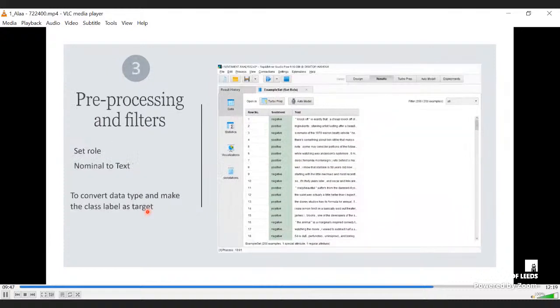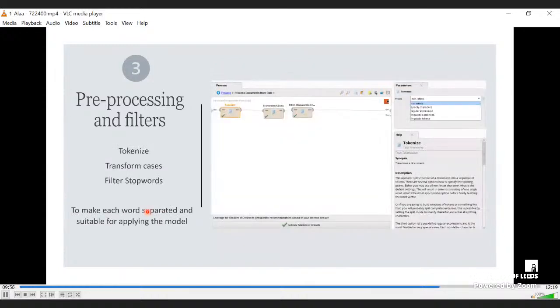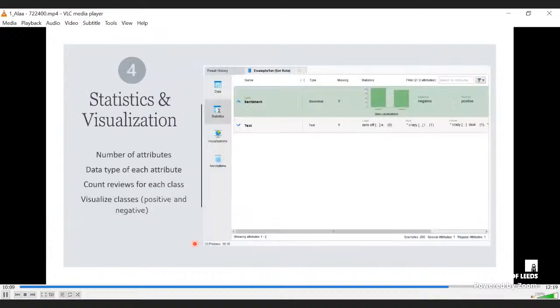The pre-processing applied includes a set role filter to consider the target attribute as a label and to convert the data from nominal to text. Other pre-processing and filters include tokenizer, transform cases to lowercase, and filter stop words, to make sure that each word is separate from the text.